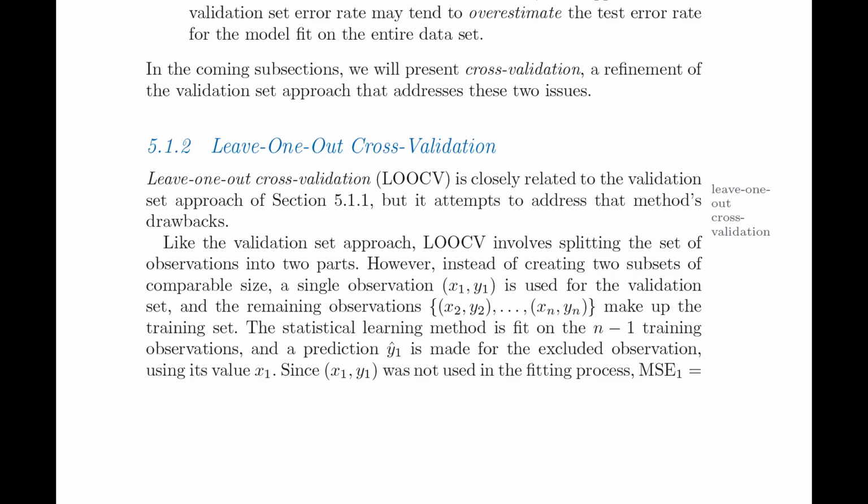Like the validation set approach, LOOCV involves splitting the set of observations into two parts. However, instead of creating two subsets of comparable size, a single observation is used for the validation set, and the remaining observations make up the training set.